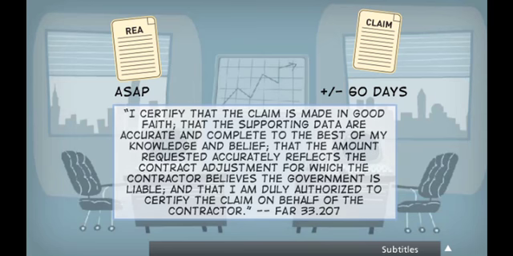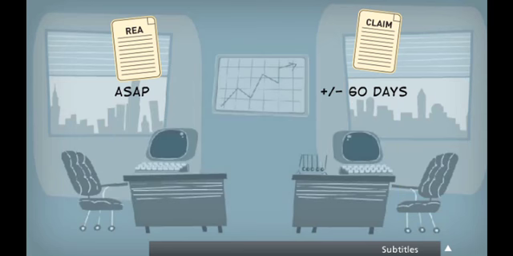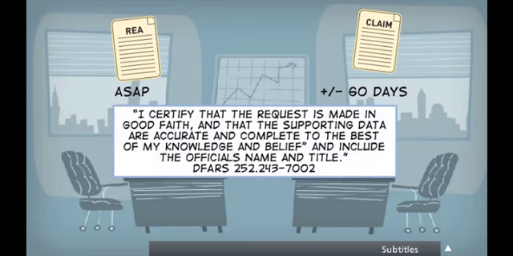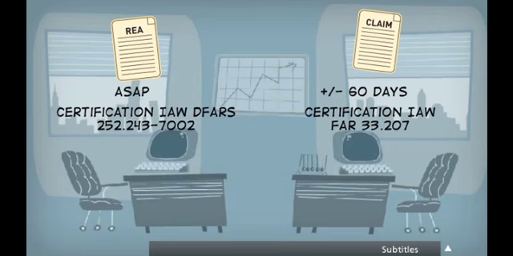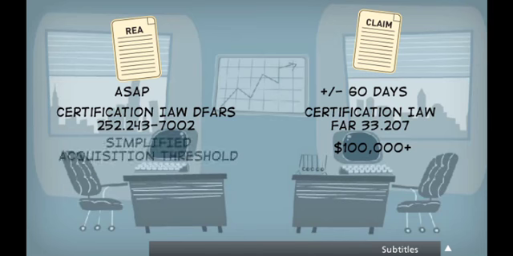And the REA good faith certification is located at DFARS 252.243-7002 and has fewer words than the claims certification. The fourth difference is that the certification statement for claims is required above $100,000, and the certification statement for REAs is required above the simplified acquisition threshold.